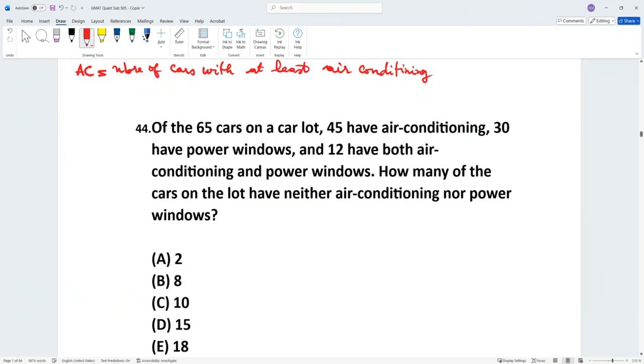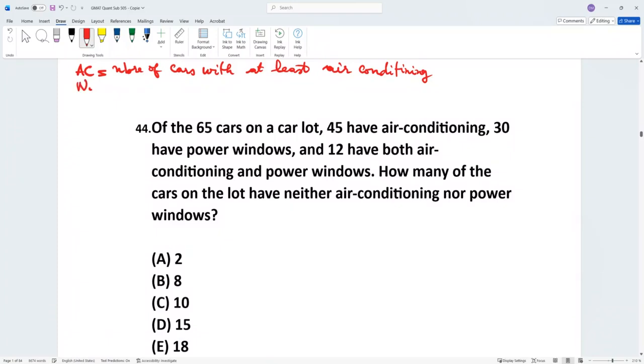So when I say at least here, it's the number of cars. The car can have only air conditioning, or it can have air conditioning and power windows. Okay, that's what we are going to call AC.